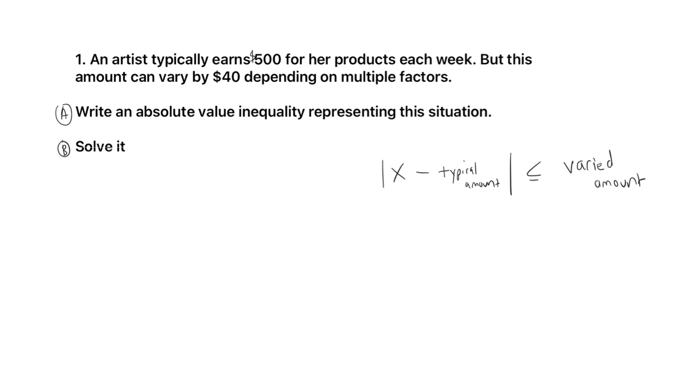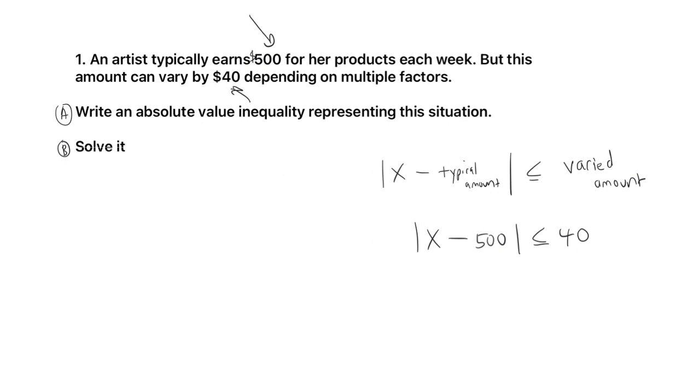The typical amount in this case is $500, and the varied amount in this case is 40. In my opinion, embracing this structure is a good way of avoiding confusion. So it's going to be |x minus 500| is less than or equal to 40.